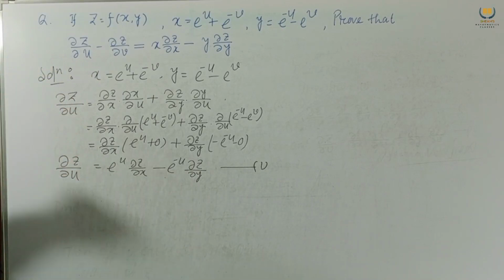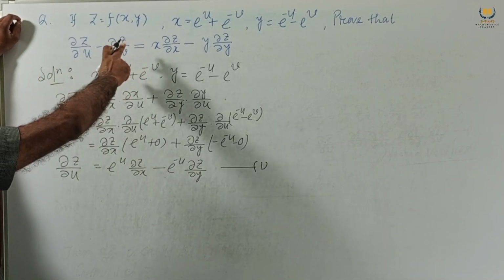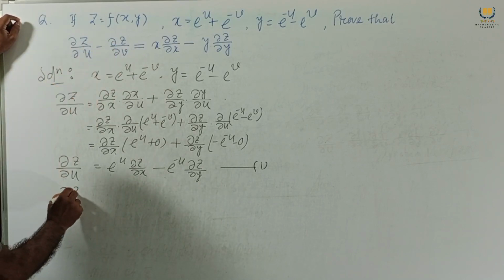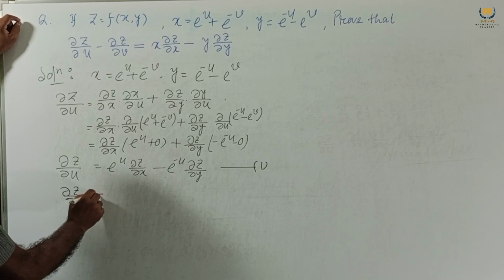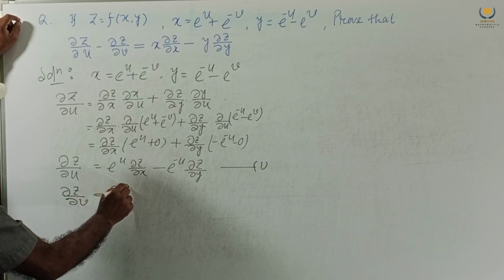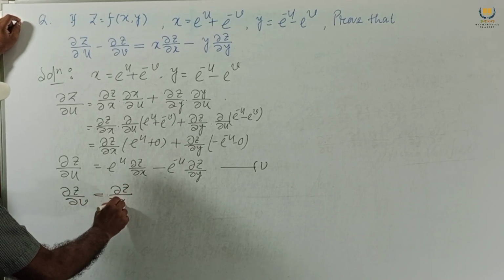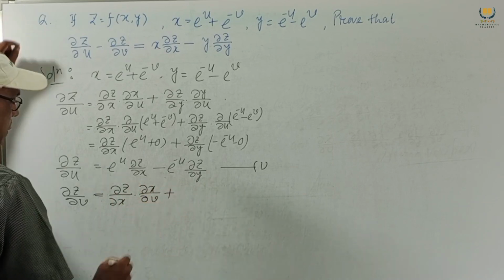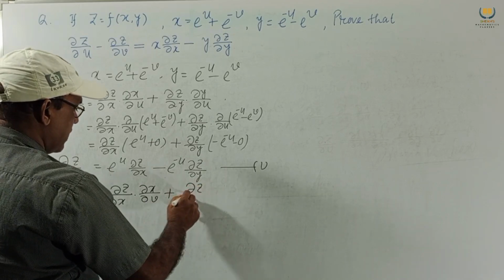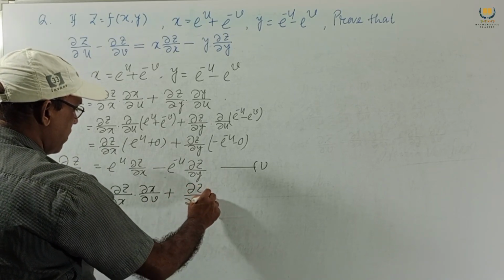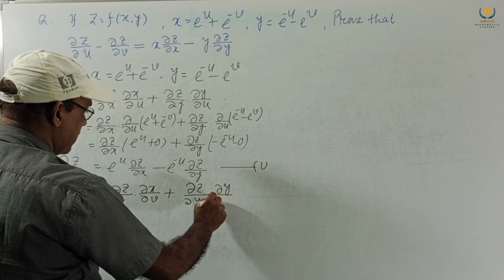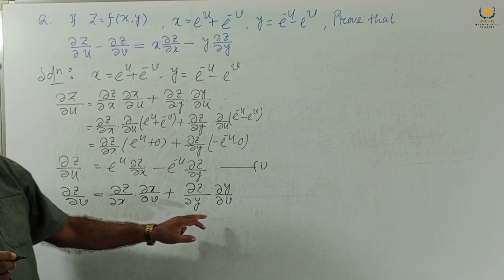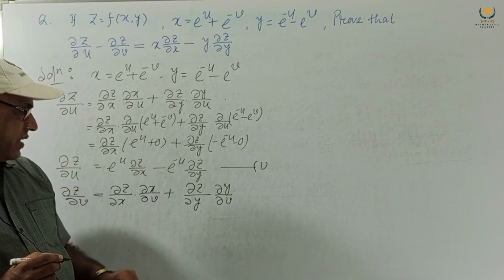Using formula number 3, again we find del z del v. First we find this, next we find this. Del z del v, we can write del z del x del x del v plus del z del y del y del v, this one. By using chain rule formula number 3, we get this.